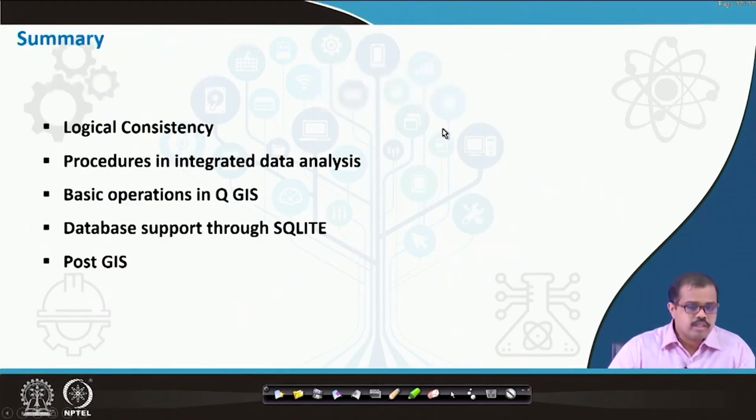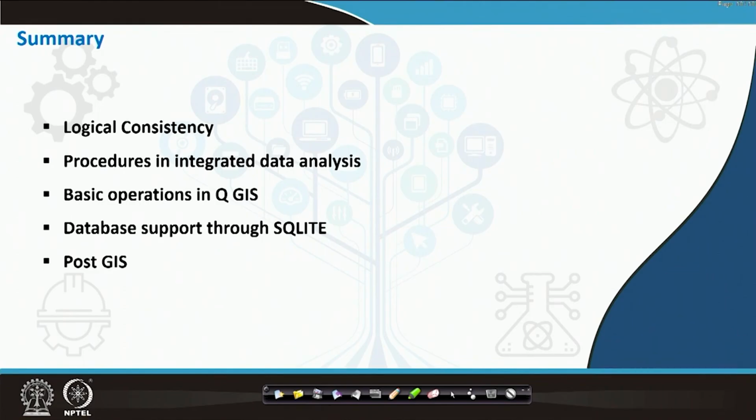So in summary, we looked at what logical consistency means, and how you have to maintain logical consistency. Then procedures in integrated data analysis, we looked at what the different procedures are, how we look at procedural inputs to GIS. Then basic operations in QGIS, how we do it. Then we looked at SQLite, PostGIS, then PGAdmin, etc. So finally we ended with PostGIS and PGAdmin.